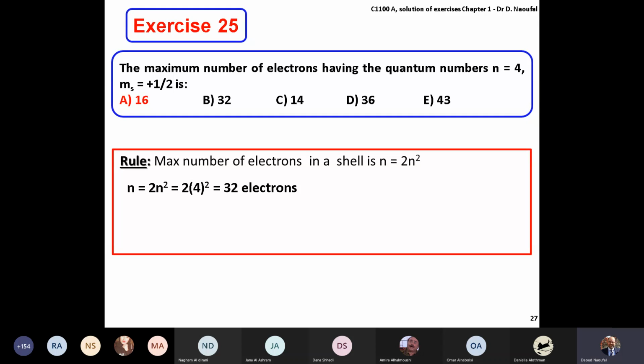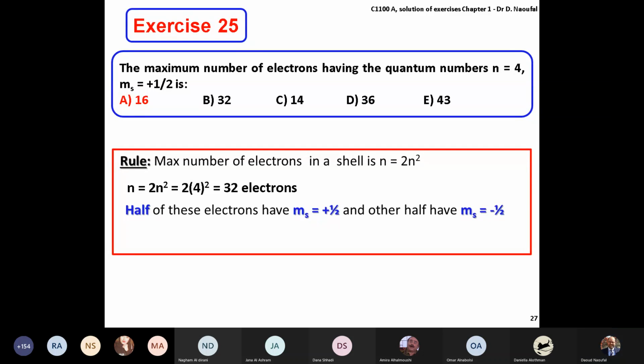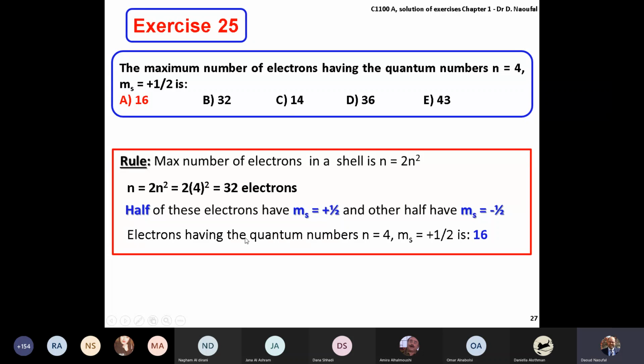One of these electrons has ms plus half, and the second electron has ms minus half. So in these 32 electrons, half have ms plus half and the other half have ms minus half. So we have 16 electrons having positive spin plus half. And the correct answer in this case is A.